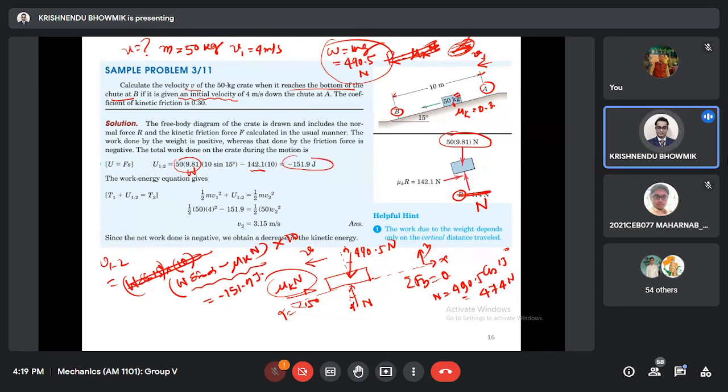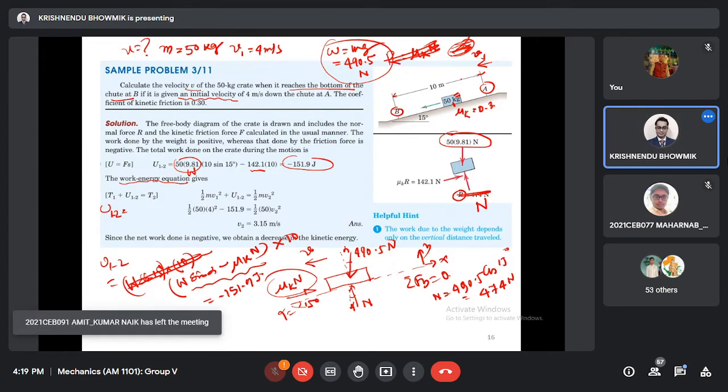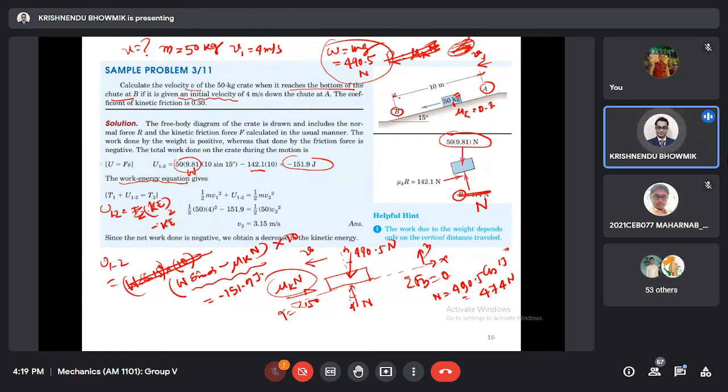Now, using the work energy principle, what you can do this way: U12, it is moving from this to this, equal to T2, sorry, KE2 minus KE1. You can write this way. Or maybe you can write directly T1 plus U12 equal to T2. Whatever way you are comfortable, you write that.